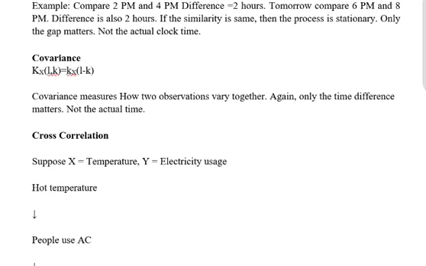One is the temperature, which is caused by the sun, and another one is the electricity bill, which is caused by the high temperature. So I'm going to define how well these two signal characteristics are similar. In that case, I can go with the cross correlation, and it is generally denoted by Rxy of (l, k), that is equal to Rxy of (l minus k). Again, here only the time gap actually matters, not the actual time.